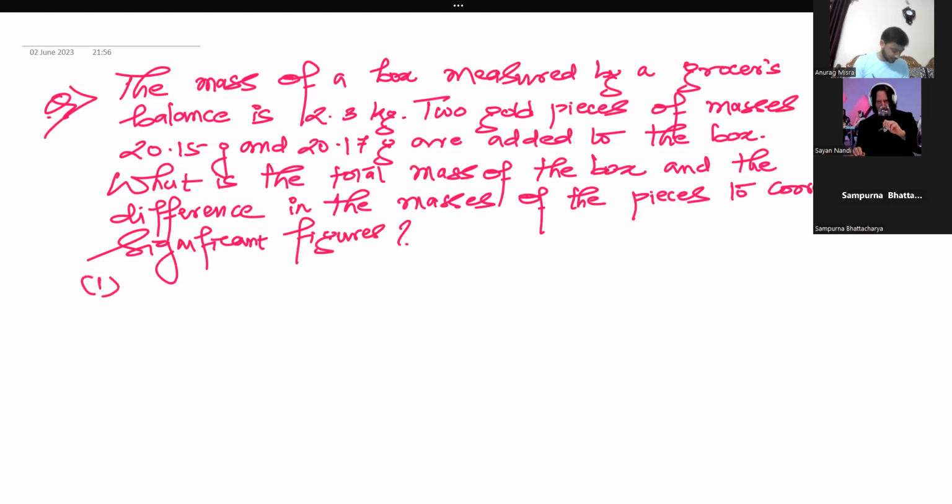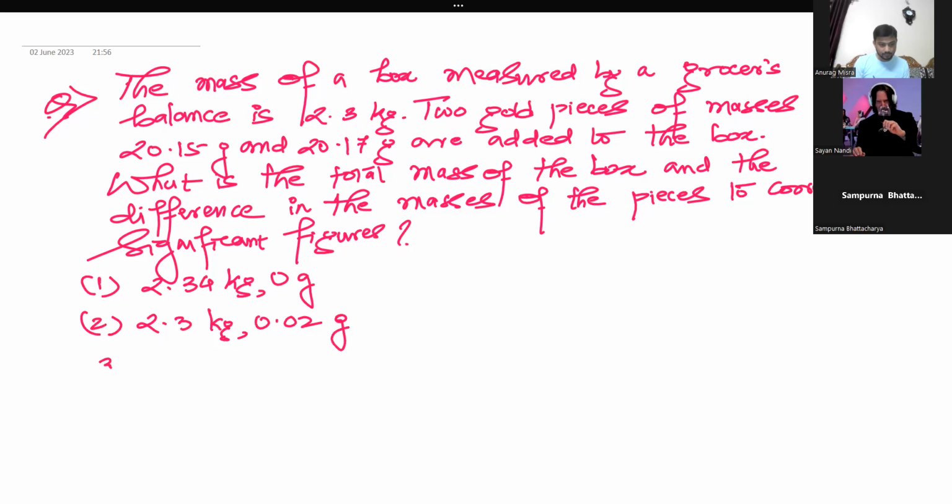Options are: first option is 2.34 kg, comma 0 gram. Option 2 is 2.3 kg, comma 0.02 gram. Option 3, 2.34 kg, comma 0.02 gram. And option number 4 is 0.